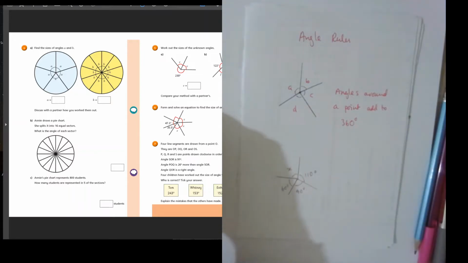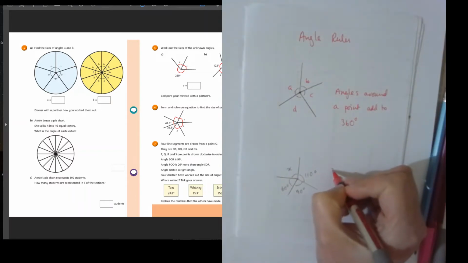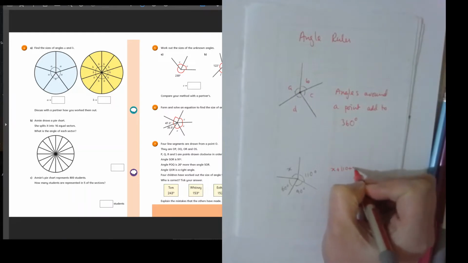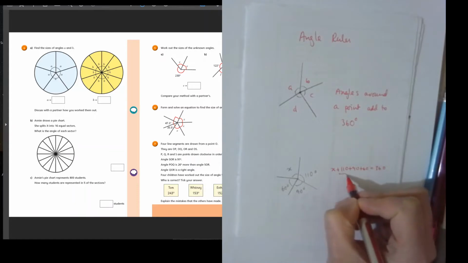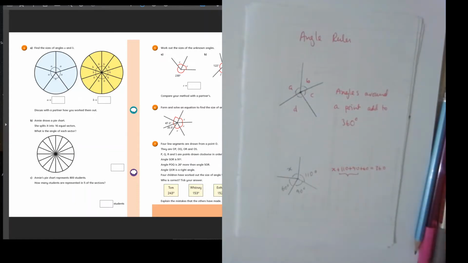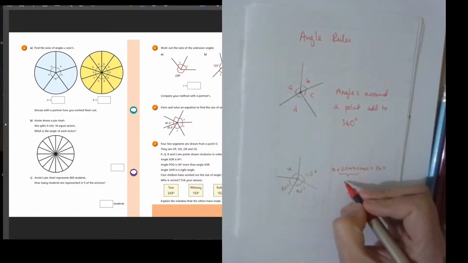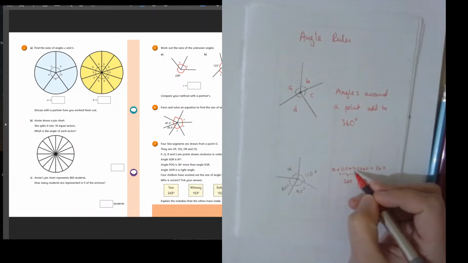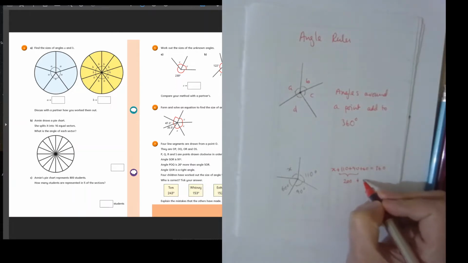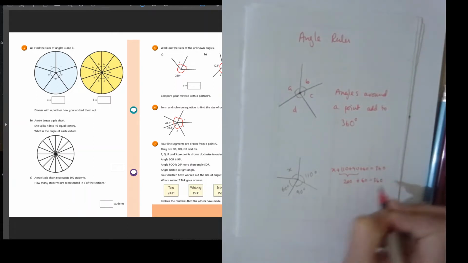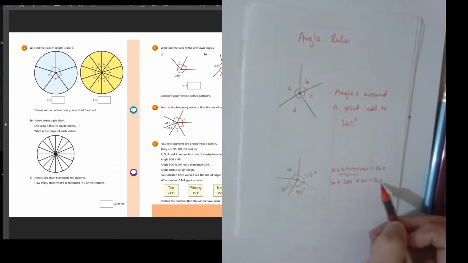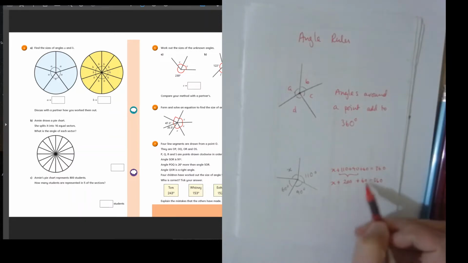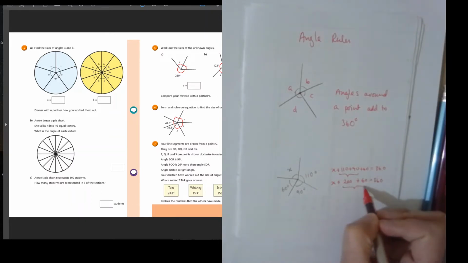So to find angle X, I would say X plus 110 plus 90 plus 60 is 360.